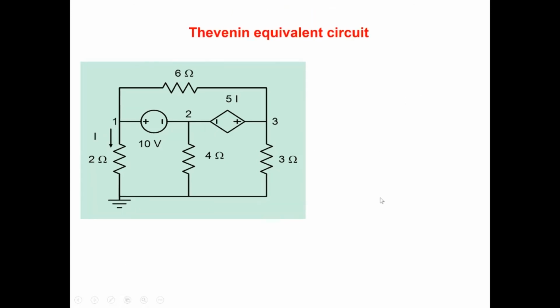Okay, so let's solve this same circuit using Thevenin's equivalent circuit. Let's say we are interested in the voltage across node 2 here. In Thevenin's equivalent, you have to define which node you are really interested in, and then across that particular node you build the Thevenin's equivalent.